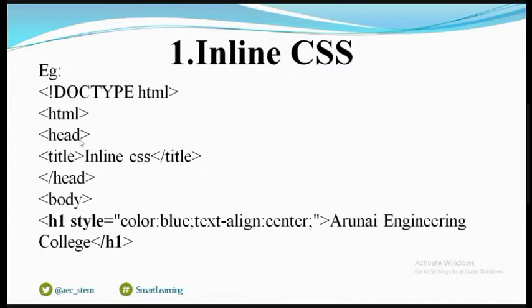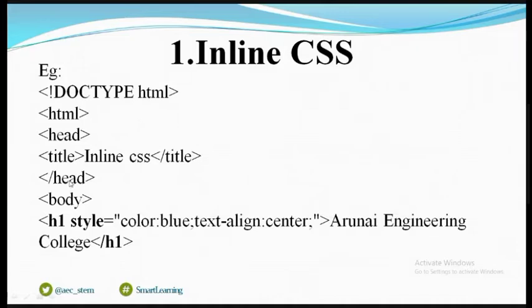The header tag in HTML is used to define the header for a section or a document. The header tag contains the information related to your title. So your head and title indicate the content about your program. In this case, the title indicates that this program is explaining inline cascading style sheets.